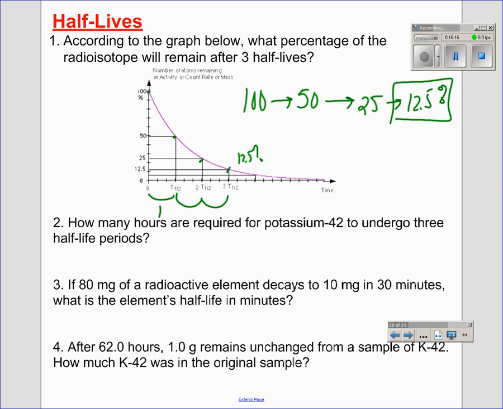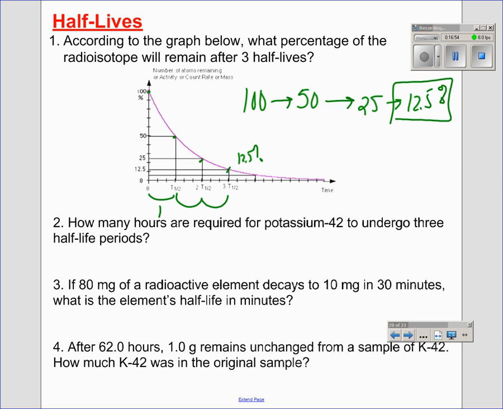Okay, how many hours are required for potassium-42 to undergo 3 half-life periods? Well, you need to check out your reference tables and go to table N. Very weird, I have a reference table that is missing table N. Let me find another one.